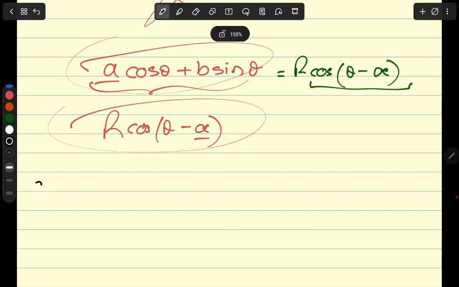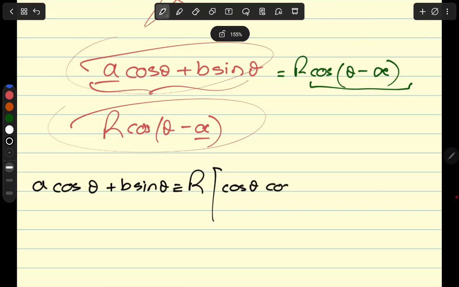Just like we would do in polynomial divisions, we are accustomed to making comparisons. So this is equivalent to r times, so let's expand it. This is cos theta cos alpha, plus sin theta sin alpha. The sign changes when we are dealing with cos, right? If there is a cos, in expansion this sign changes into a plus. If there was a plus, this sign would change into a negative.